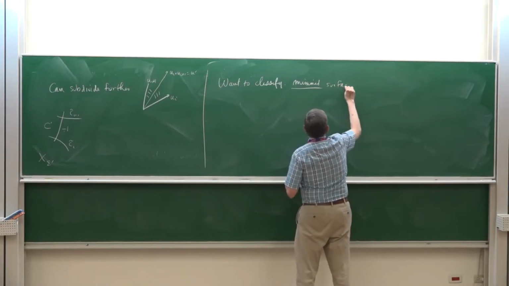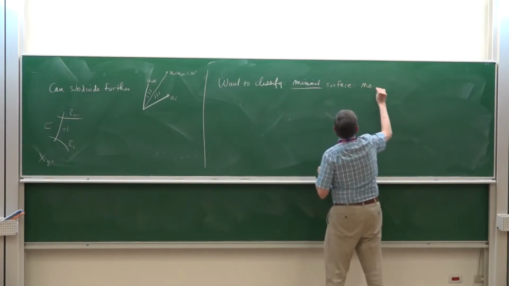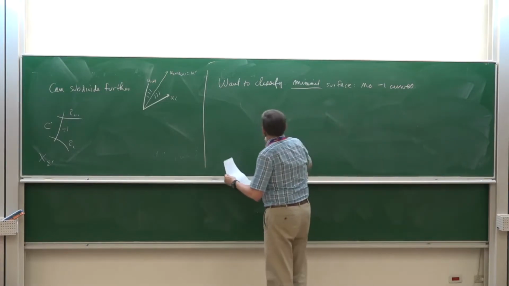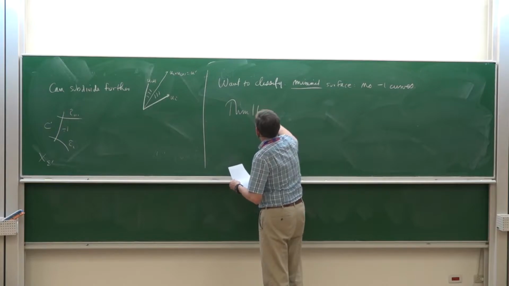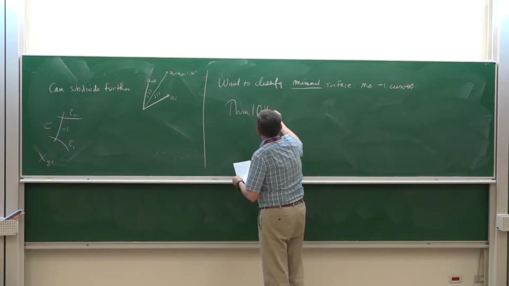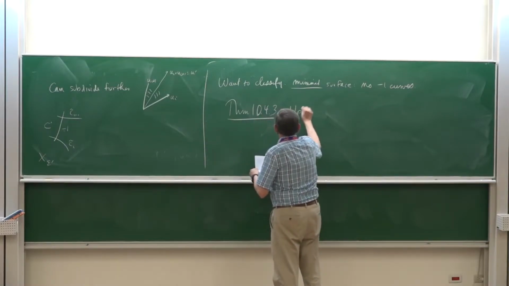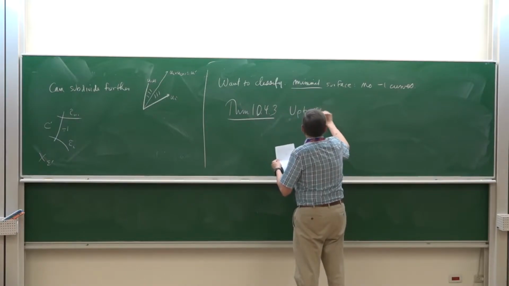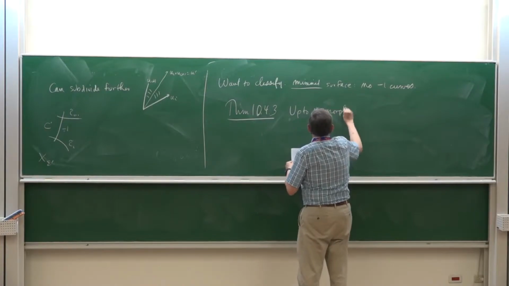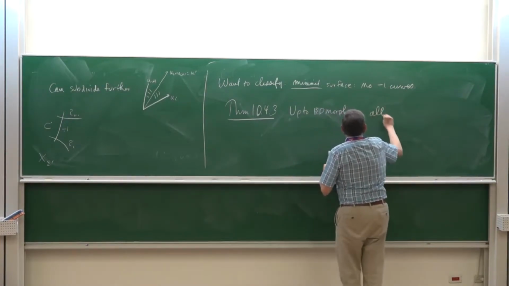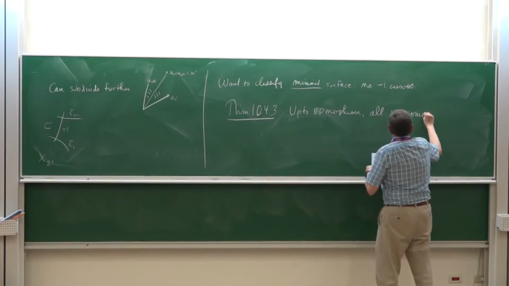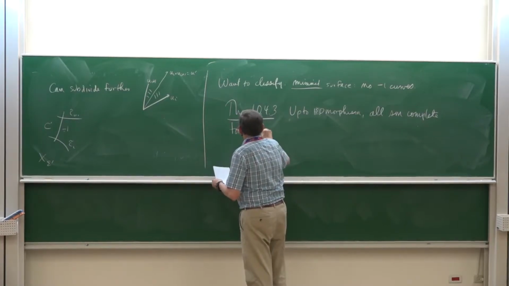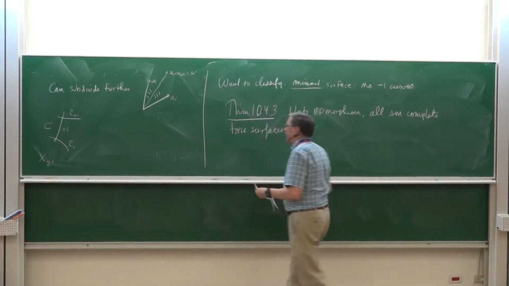Surfaces, which means that I have no -1 curves. And so the theorem is that, up to isomorphism, all smooth, complete toric surfaces come from a nice infinite list.